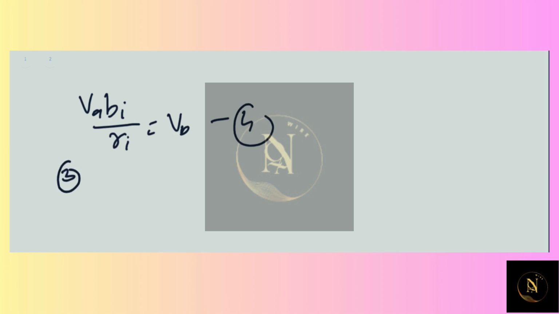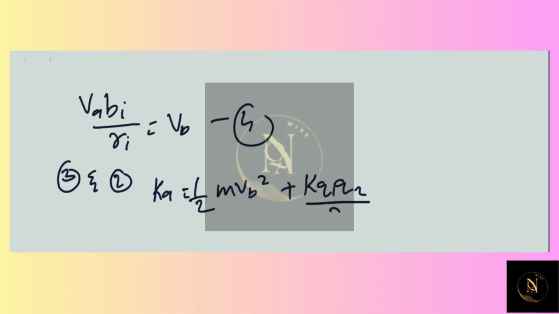From 3 and 2 we get KA is equal to 1 over 2 m vB squared plus k q1 q2 divided by ri. Then we substitute the value for the vB that we obtained in equation 4.